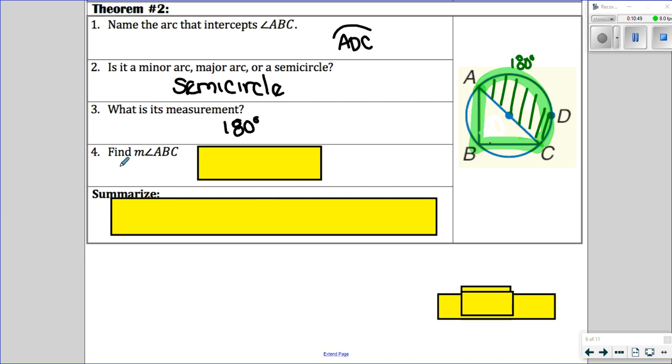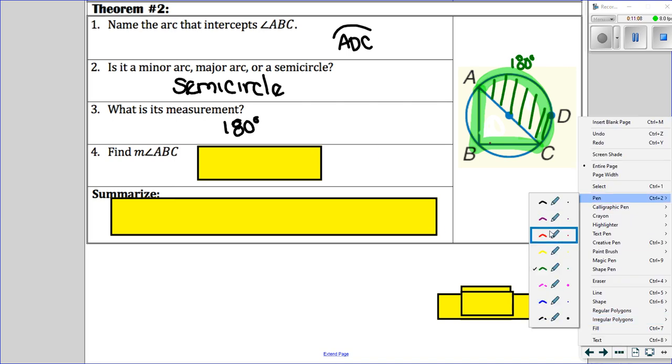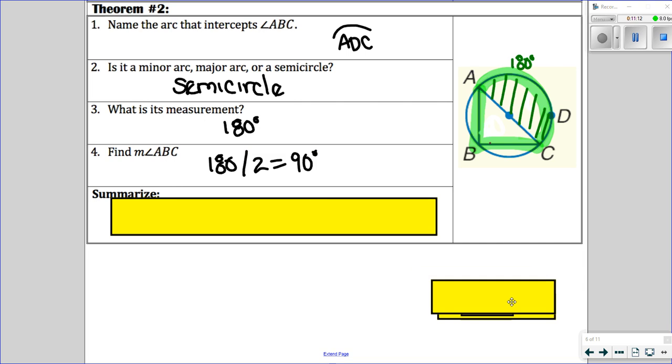All right, so find angle ABC. Notice that the intercepted arc is formed by angle ABC. So what would be the measurement, since we're looking for the inscribed angle? It would be half. So you divide 180 by 2, and you get 90.